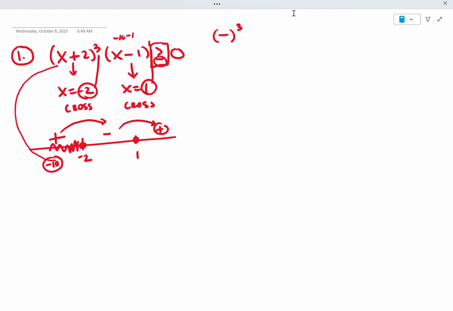So this is where I'm shading. Now, using interval notation, what's my answer? Well, this is from -infinity to -2 bracket, because I'm including the -2 with the closed circle, and then from 1 to infinity. And once again, I'm including 1 because it's a closed circle.